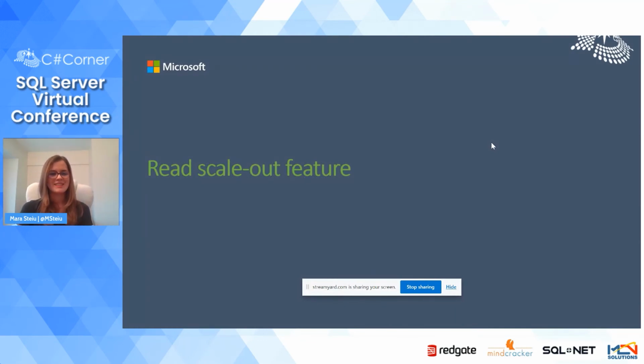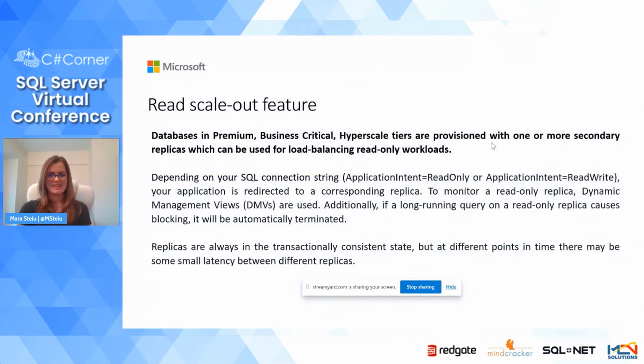And lastly, for the read scale-out feature, basically this works in premium, business critical, and hyperscale. These tiers are provisioned with one or more secondary replicas, which can be used for load balancing read-only workloads. For basic, standard, and general purpose, these do not include replicas, and the read scale-out feature is not available in these service tiers.